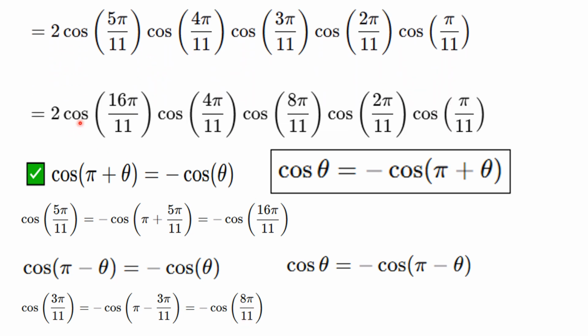Then the given expression becomes 2 cos of 16 pi by 11 and cos 4 pi by 11 as it is, and cos 3 pi by 11 is nothing but minus cos 8 pi by 11, and cos 2 pi by 11 and cos pi by 11 are carried to the next step as they are. As we have two minus signs here, minus cos 16 pi by 11 and minus cos 8 pi by 11, the negative sign is eliminated and we have a positive product.